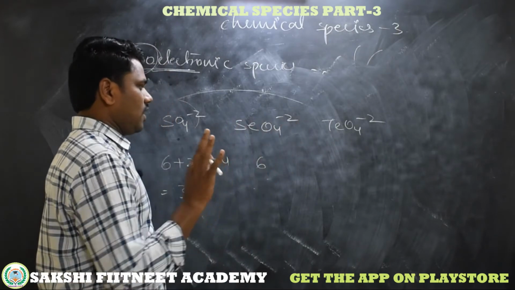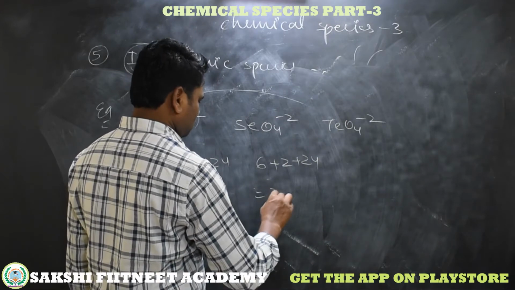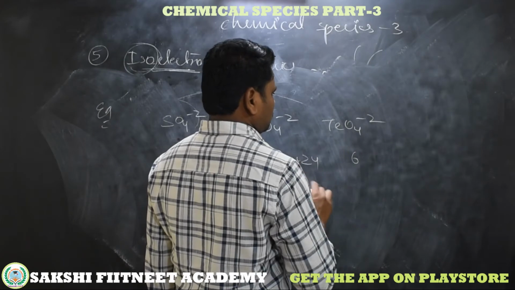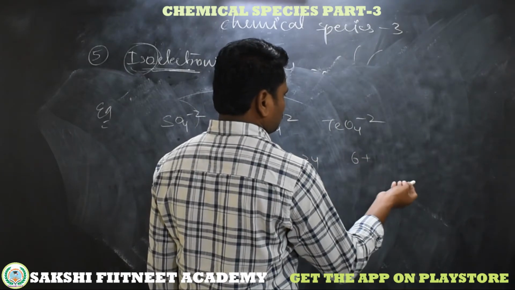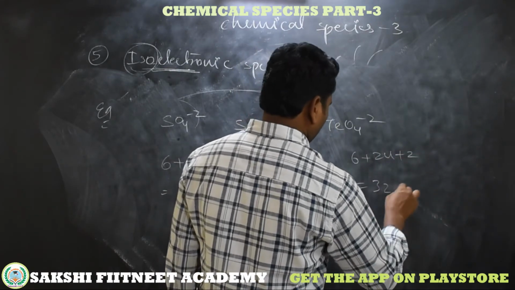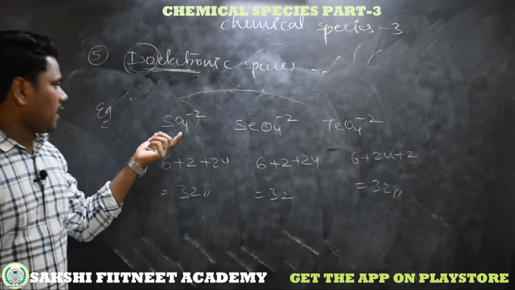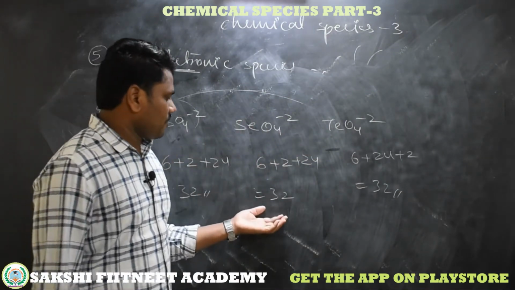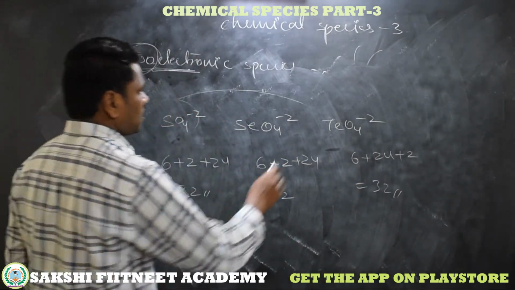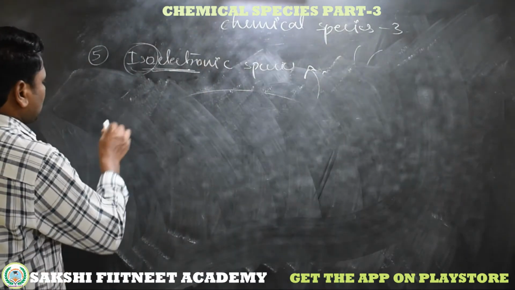All of these have the same valence electrons. So 6 plus 2 plus 24 becomes 32. Now tellurium, same group, so 6 valence electrons. Oxygen 6 into 4 is 24, and minus 2, total 32 valence electrons for this fragment. So these have the same number of valence electrons, and these are isoelectronic species.